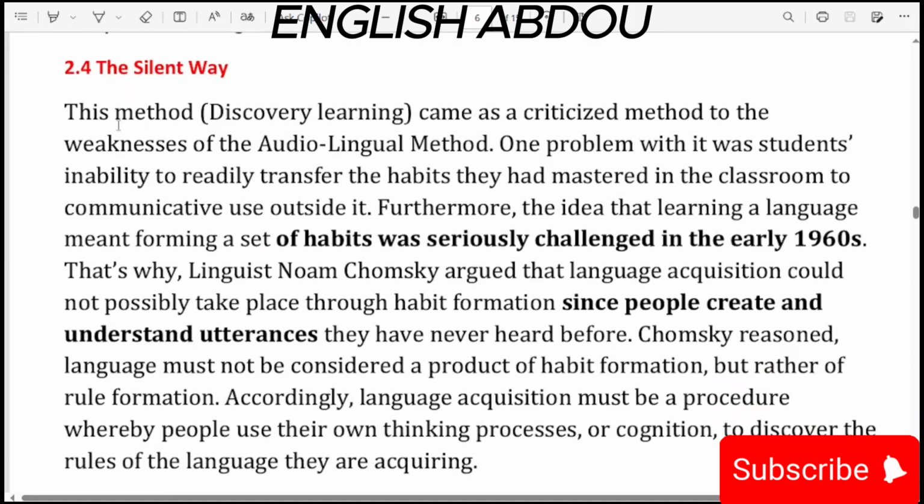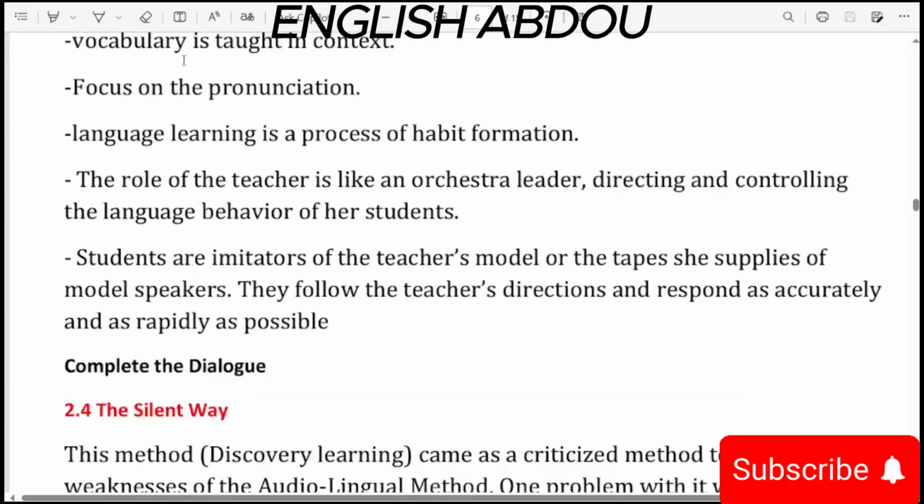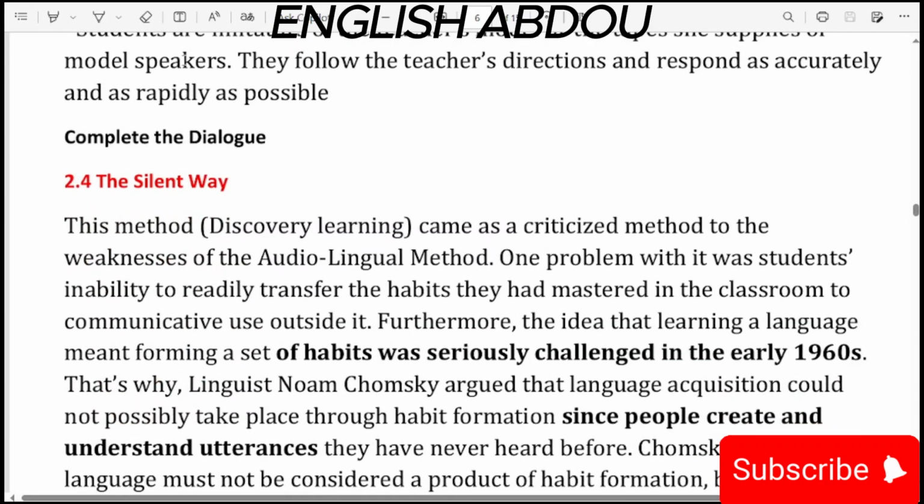The silent way. So these three methods are old, means they are traditional. So we need something new, alternative, which can suit our aims today. So every era has some differences from the last.